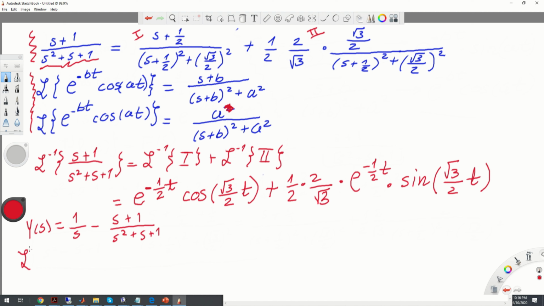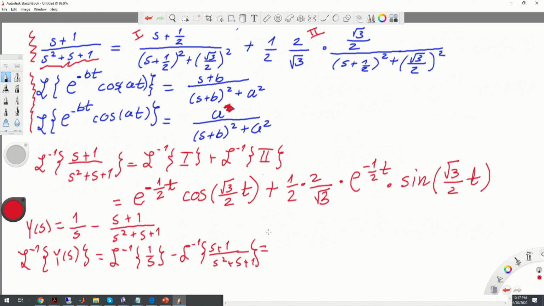By applying everything written in this slide and in the previous two slides, we obtain that this is equal to the inverse Laplace transform of 1 over s minus the inverse Laplace transform of (s plus 1) over (s squared plus s plus 1). The first term here is nothing less than a Heaviside function.